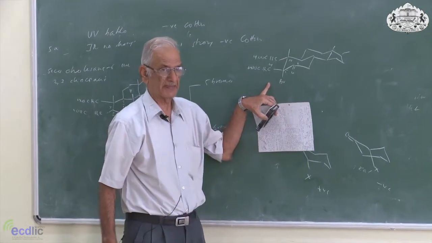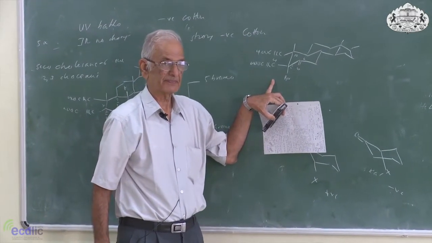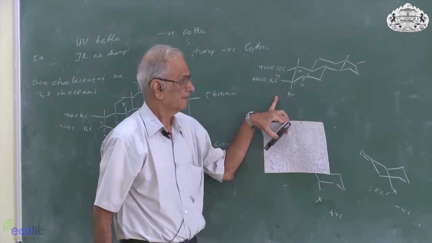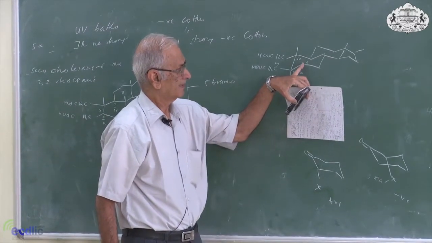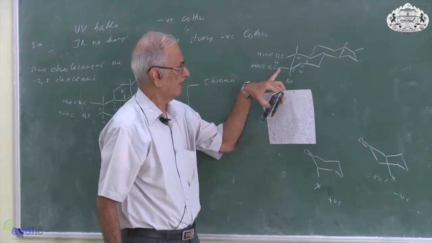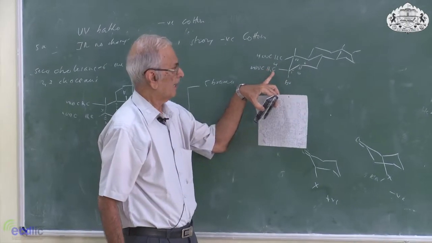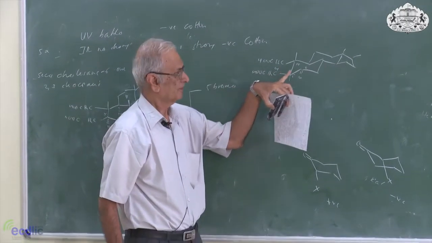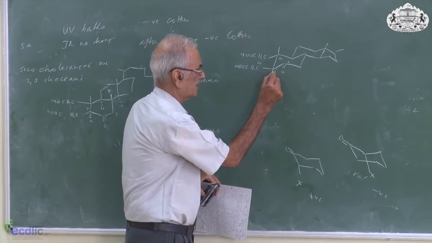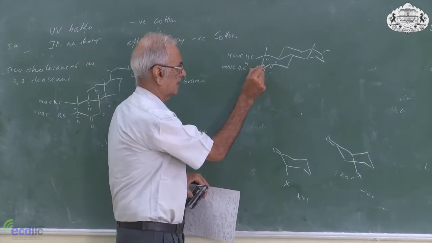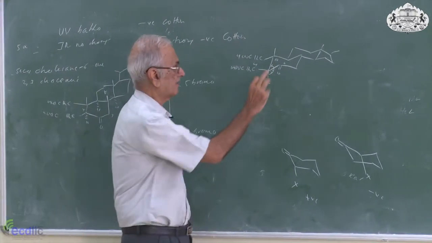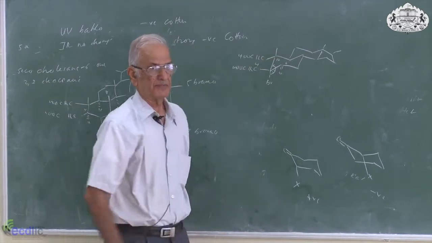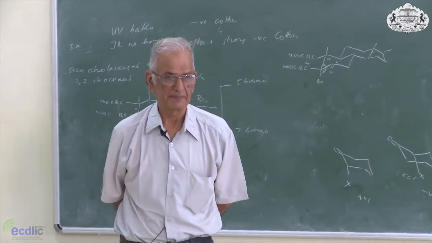Bromine is first, then the carbon joined to oxygen, whereas the other carbon is joined to carbon. So, first, second, third. Why is this third? It's joined to 3 different carbons.